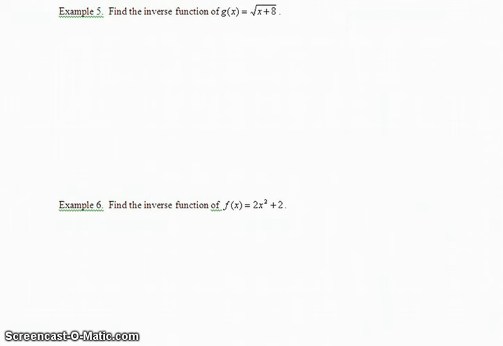First thing we needed to do was change my g of x, or f of x, to y equals the square root of x plus 8. Switch x and y. x equals the square root of y plus 8. To undo that square root, I need to square both sides. So I have x squared equals y plus 8.